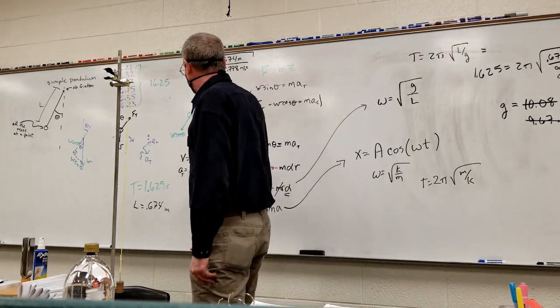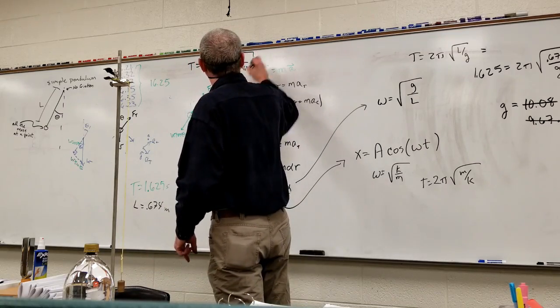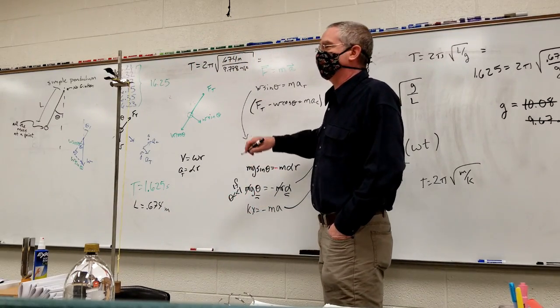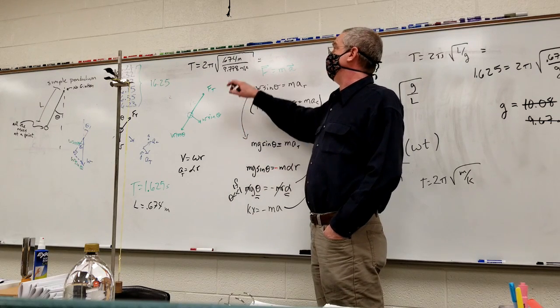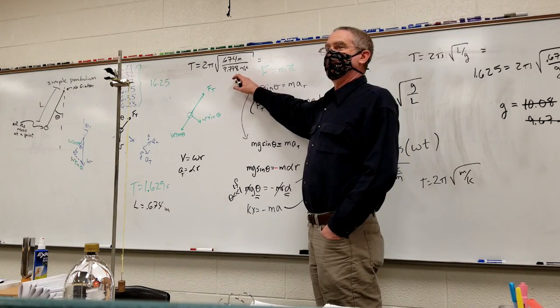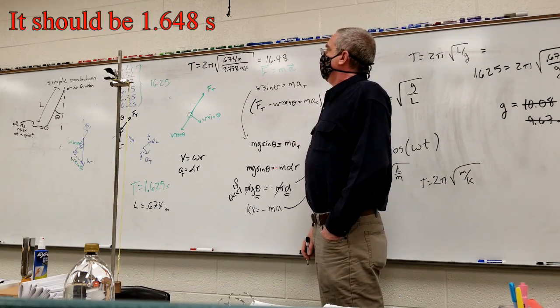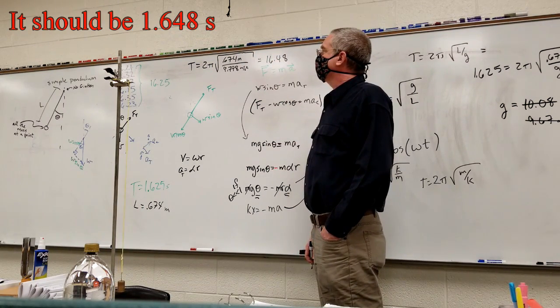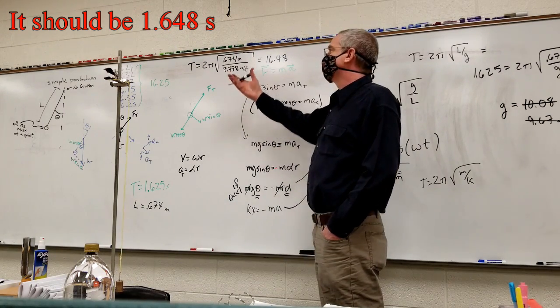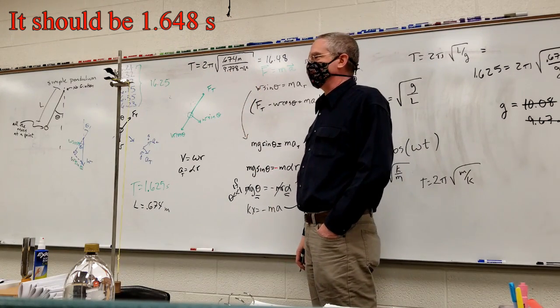All right, so what should the period have been, assuming that everything had been done, if we'd gotten the value that I claim is the acceleration due to gravity? 16.48. And thus is the nature of physics.